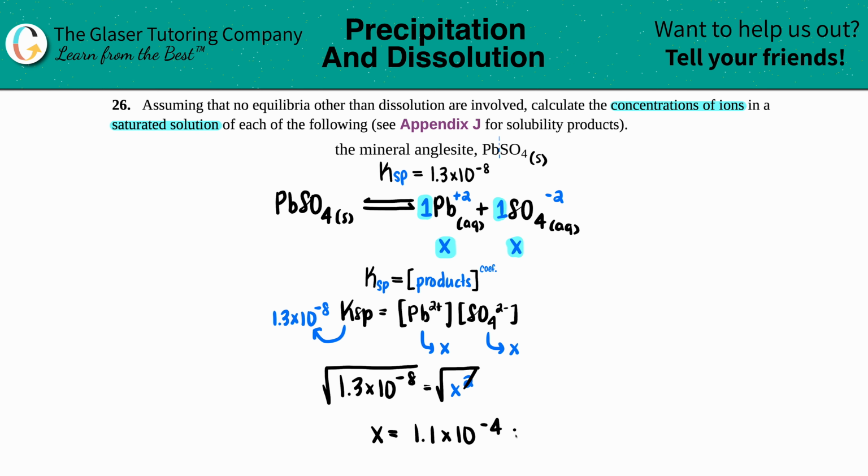And that's molarity. Keep in mind, though, they wanted the concentration of the ions. So we go back to the balanced equation to see what we labeled those ions. Pb2+ was just an x value, and the same thing with the sulfate, SO4 2-.